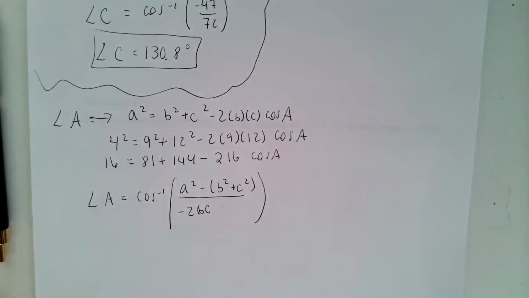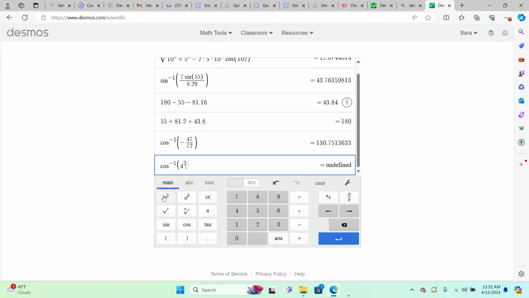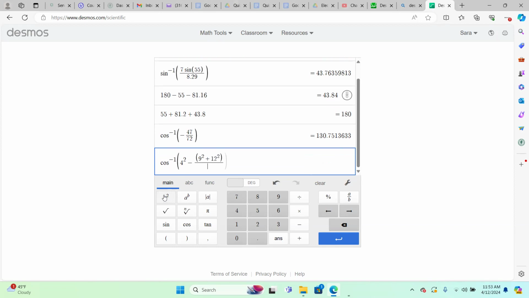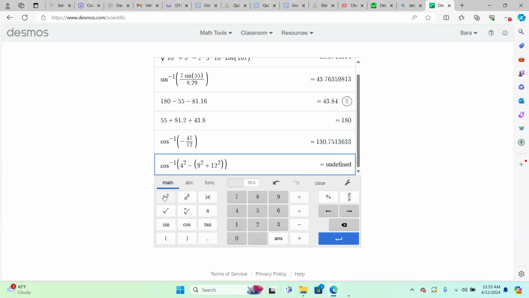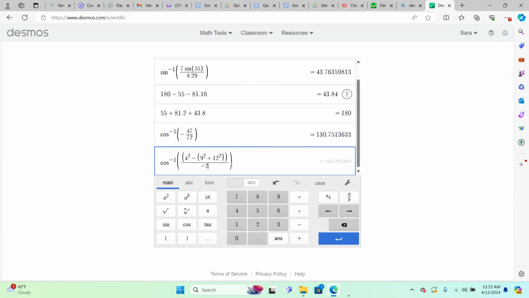So if we go to scientific Desmos, we can just say inverse cosine, and I'm going to do a squared, so it's 4 squared minus parentheses 9 squared plus 12 squared parentheses divided by, oops, I want that in parentheses so that I can do everything in the denominator then, a negative 2 star 9 star 12.